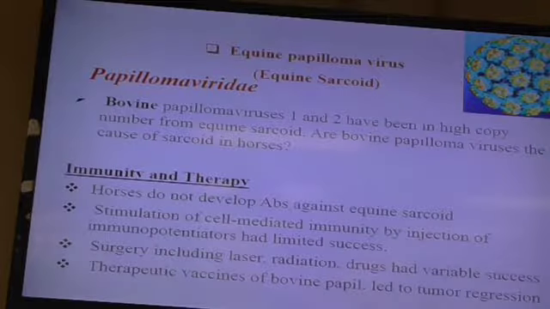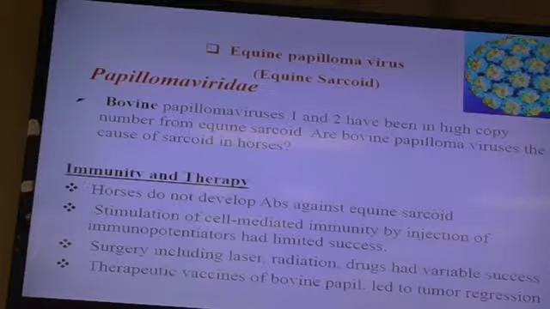So how do you boost cell-mediated immunity? You can boost it using immunopotentiators like adjuvants. Those adjuvants, in this case, if you remember, I mentioned BCG, Mycobacterium tuberculosis. It can act as an adjuvant. It can boost cell-mediated immunity.